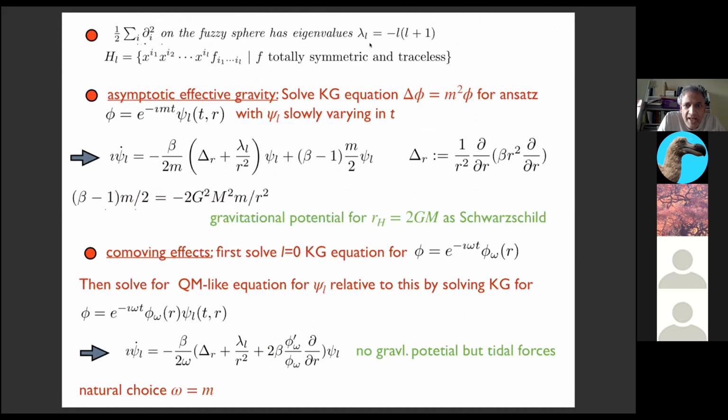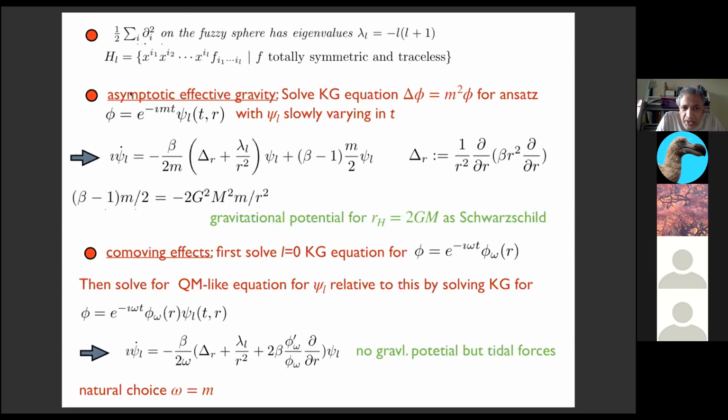It turns out to have the same eigenvalues as an ordinary sphere, namely given by integers L. The only difference is the eigenspace of orbital angular momentum L is given by totally symmetric traceless tensors F, but these xi's are non-commuting. That's the only difference. This would be an alternative basis to the basis of spherical harmonics, but now they're non-commuting.